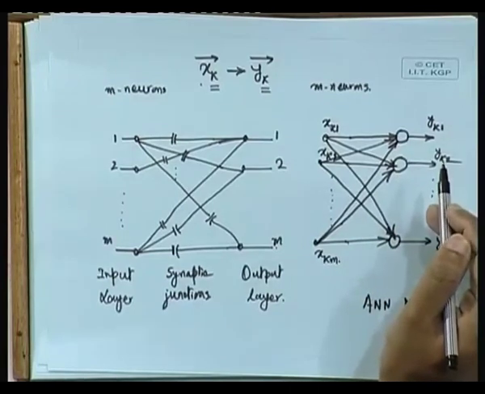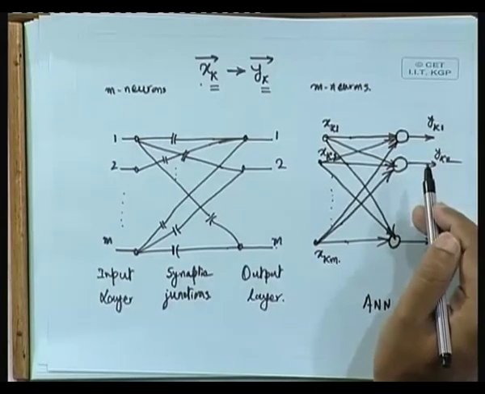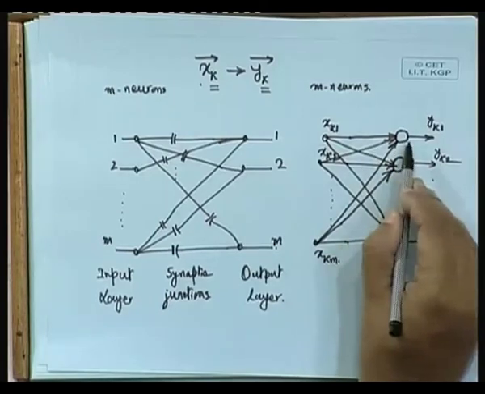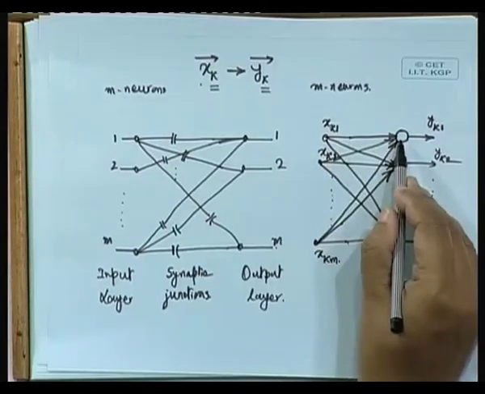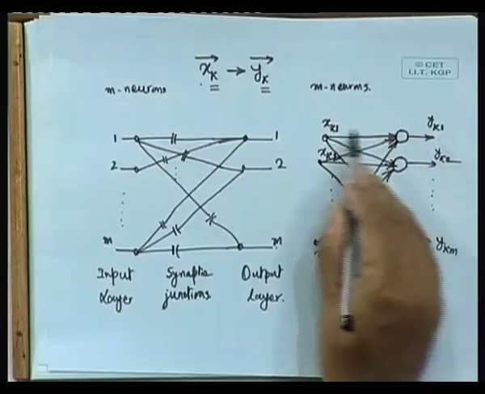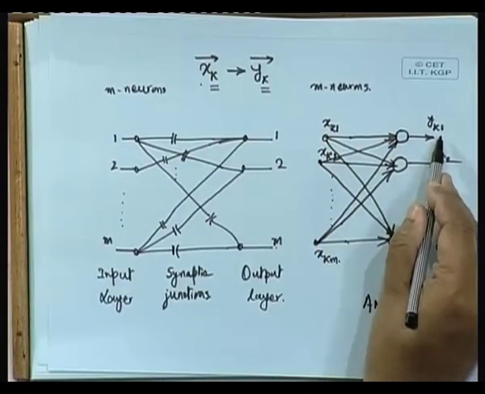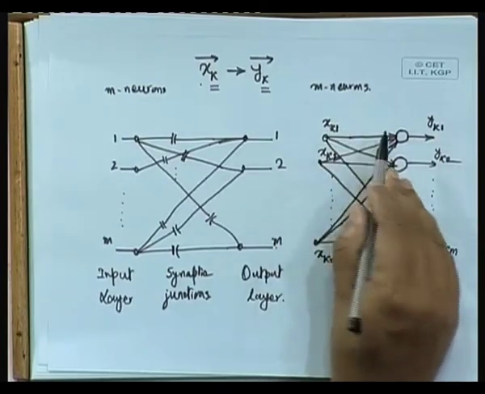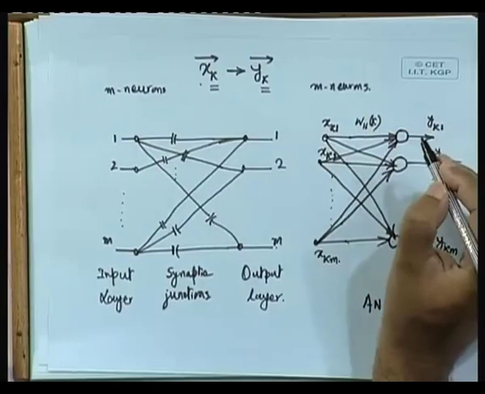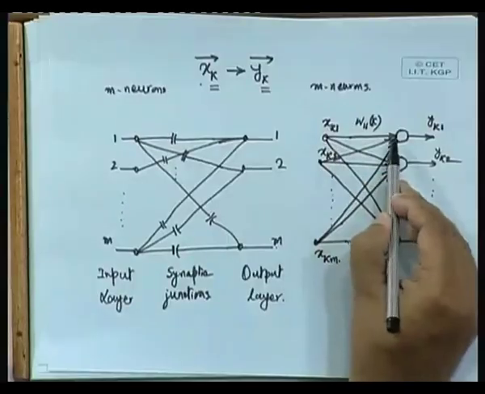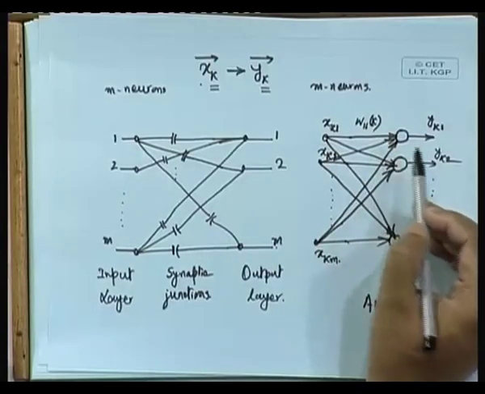So in this case, if we are taking a particular pattern k and we are considering this connection, let us say it is the connection between output 1 and input 1. So we will write it as W11, but just to indicate the pattern number also, within parenthesis we give the pattern number. So we will call this synaptic connection W11(k).